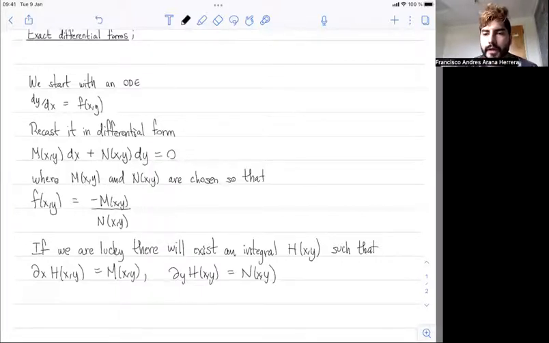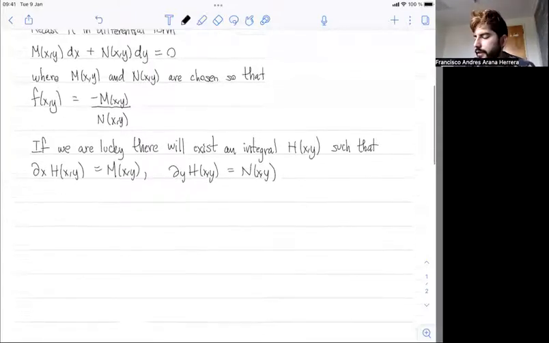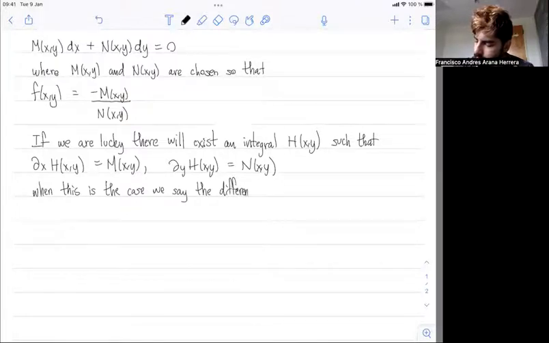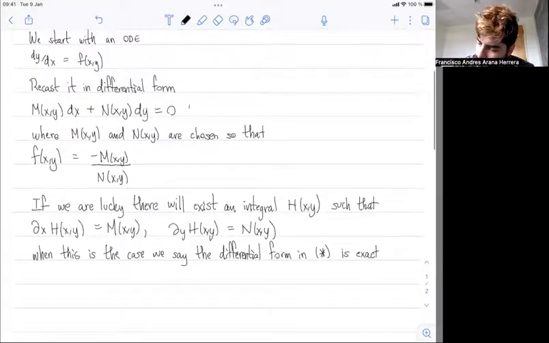This differential form has an integral h(x,y) if you can find this function h(x,y) satisfying these two equations for the partials. And when this is the case, we say the differential form in star is exact. So here star is this differential form.